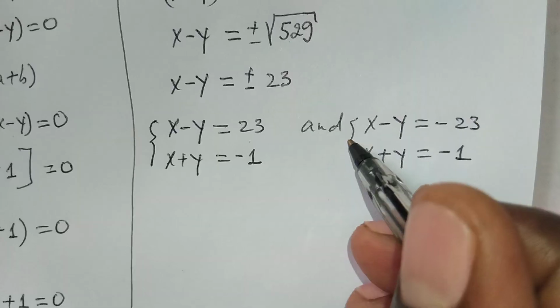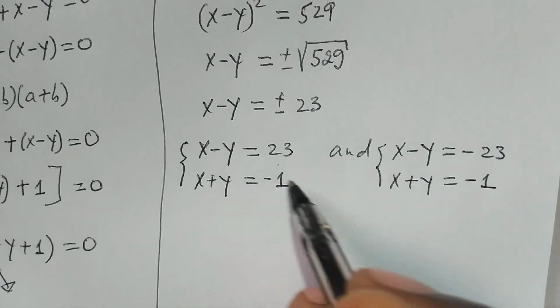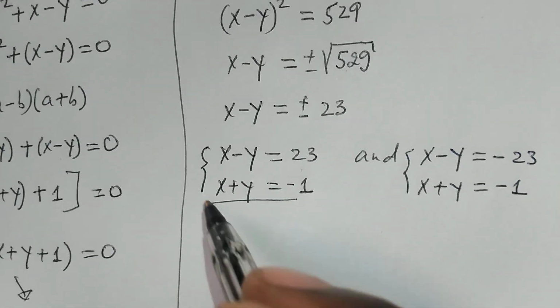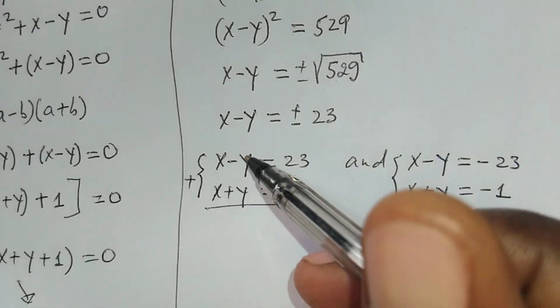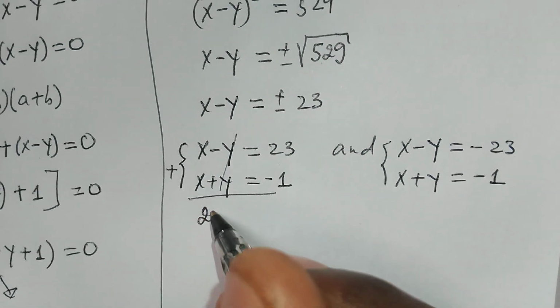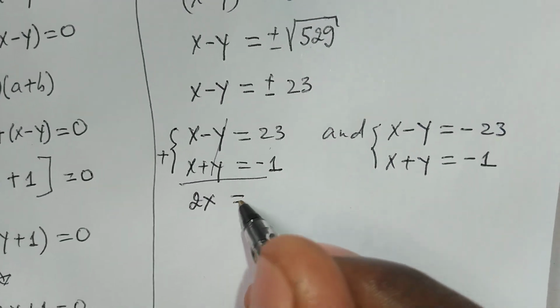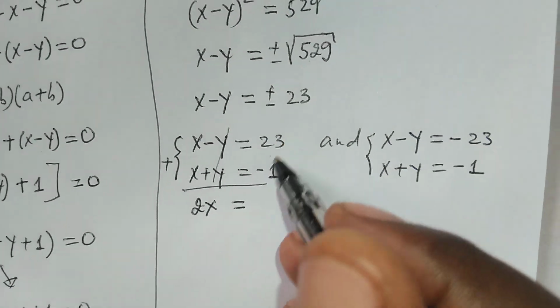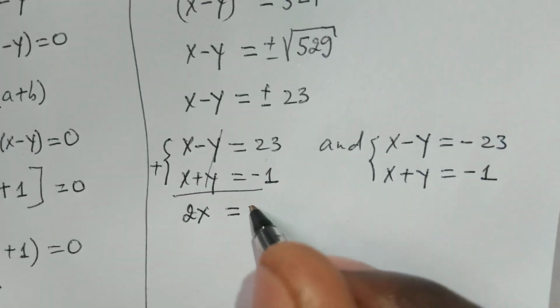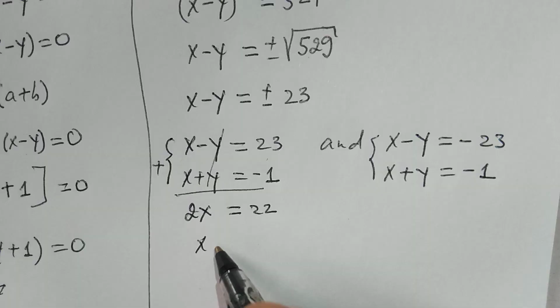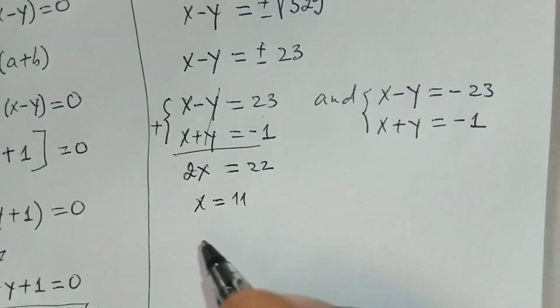Solving this, let's add both equations. We have 2x, which is equal to 23 minus 1, equal to 22. So x is equal to 11.